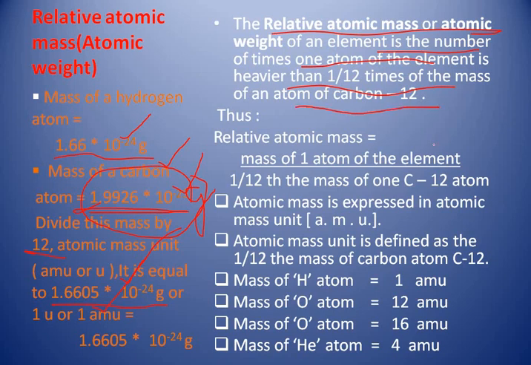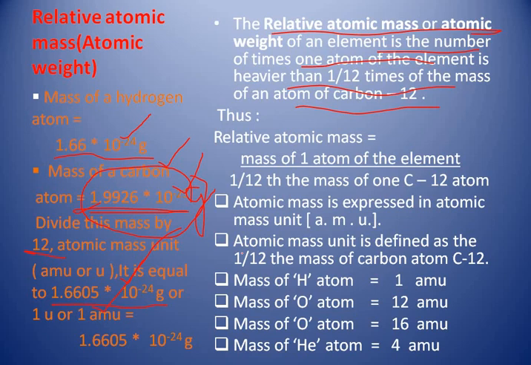The relative atomic mass is calculated as the mass of one atom of the element, for example in the hydrogen atom case, 1.6 into 10 raised to minus 24 gram, divided by 1/12th the mass of one carbon atom, that is 1.6605 into 10 raised to minus 24 gram. So we get the relative atomic mass of that element.